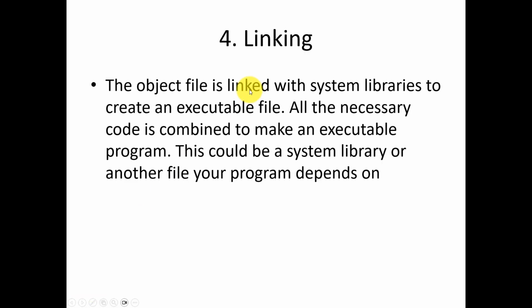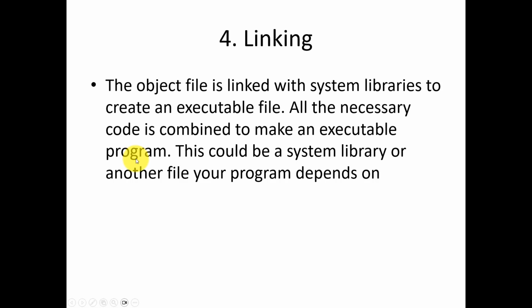The next step is linking. We have to link this object file with system libraries to create an executable file. What happens in this stage is that the object file and all the other files are combined to make an executable program.